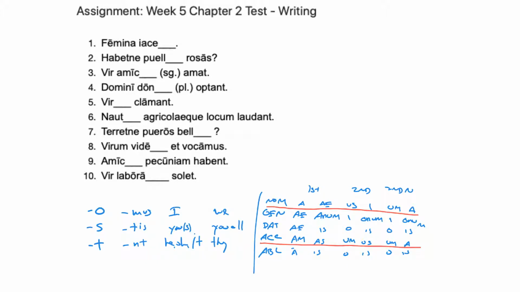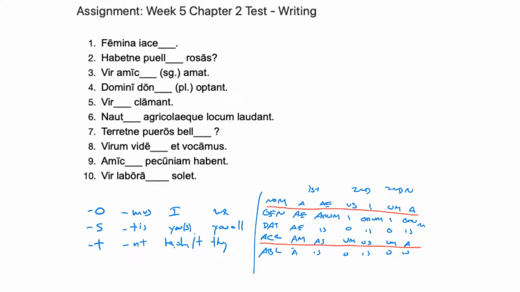The best way to do this is to essentially translate the sentence, to understand what the sentence is saying, and then fill in the gaps accordingly. What you're going to need to do is, one, figure out what kind of words you're dealing with, fill in the blank, use the right endings based on the other words around. So in other words, femina is a noun, right? Woman. Iacet is a verb. Obviously, you need a verb ending, all right?